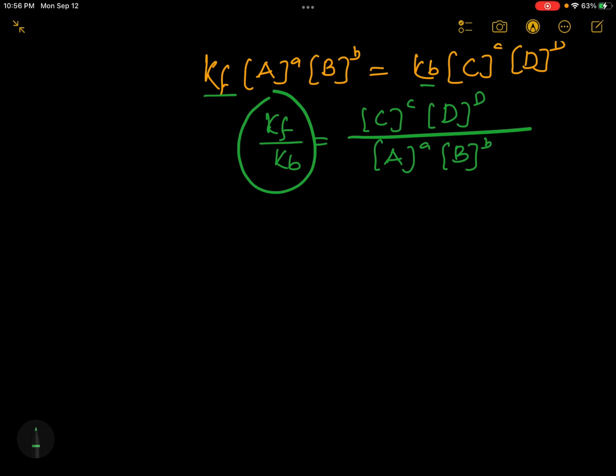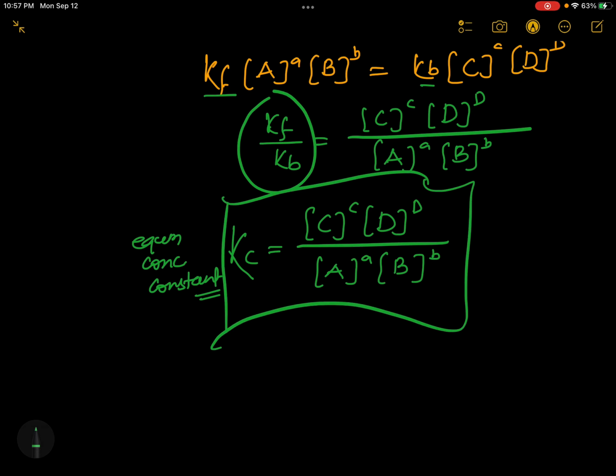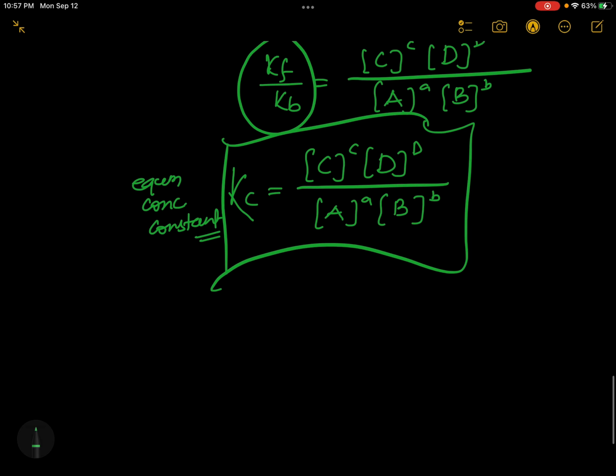Kf is a constant, Kb is a constant. Together these are called the equilibrium concentration constant, Kc, equal to the concentrations of C and D over A and B raised to their stoichiometric coefficients. This is the expression.